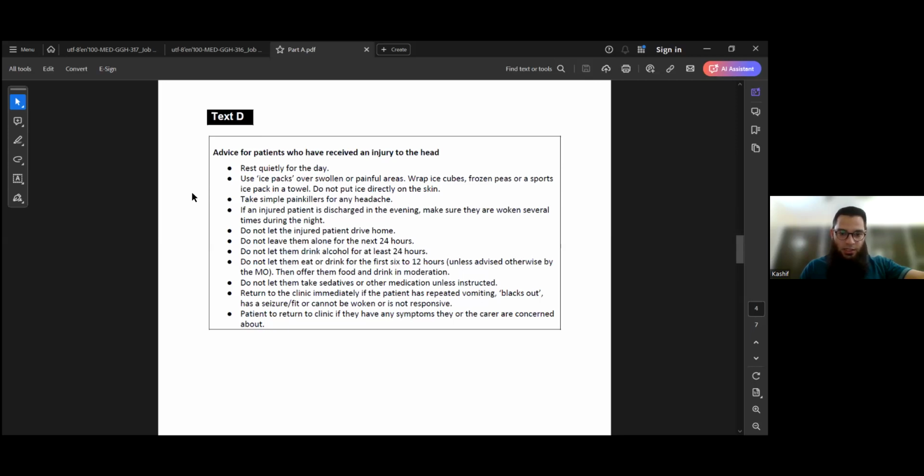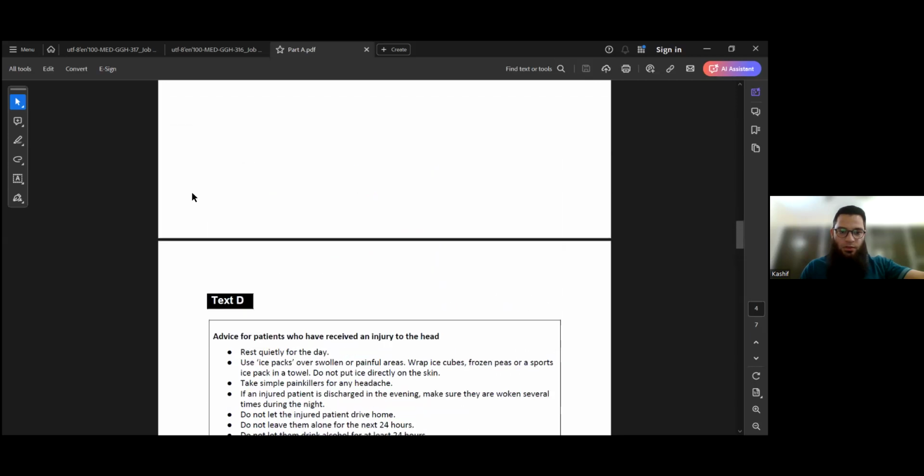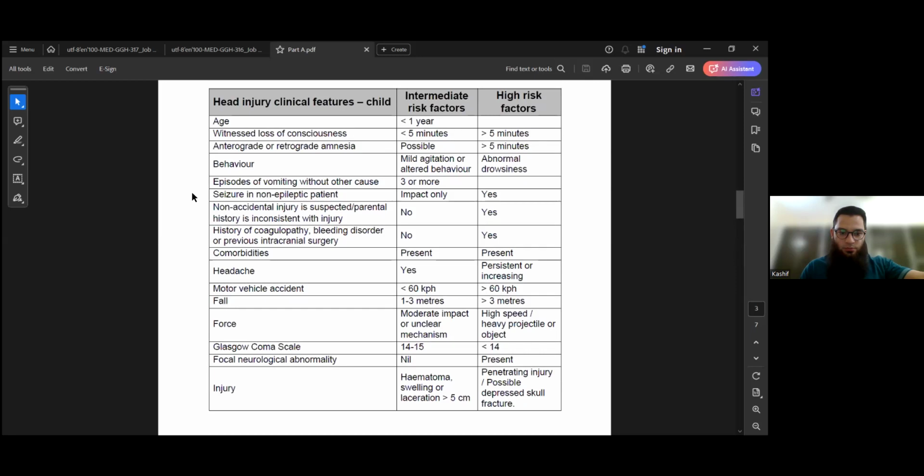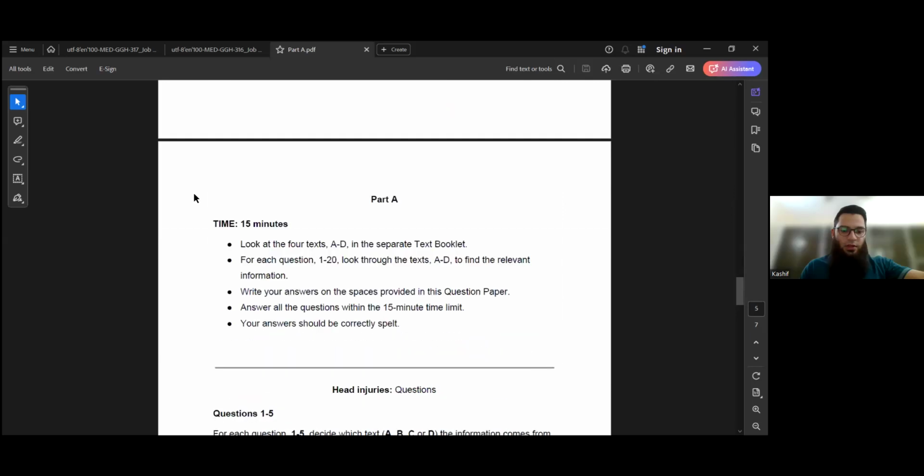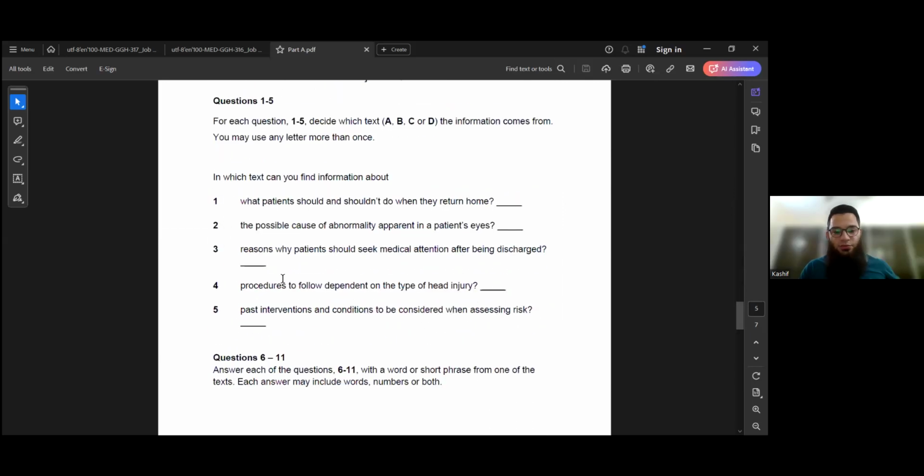Take a few seconds at text D. A few seconds at text C. Okay, now as you have got it, the fourth question is procedures to follow dependent on the type of head injury. I think everybody should answer this question without me scrolling up. Everybody has got the fourth one?